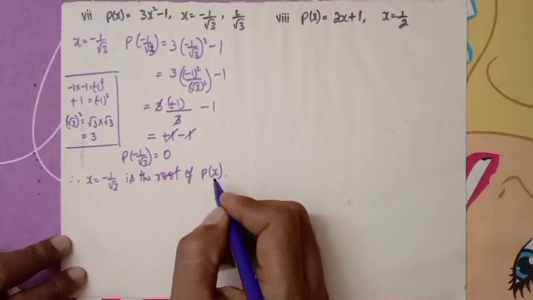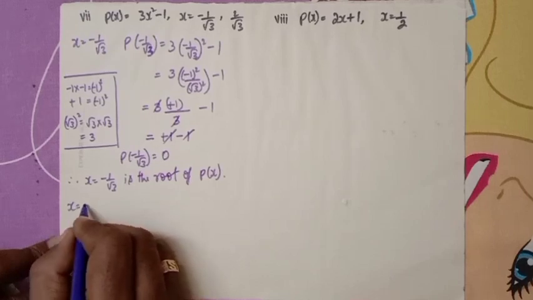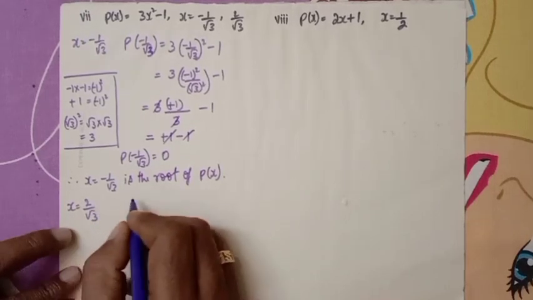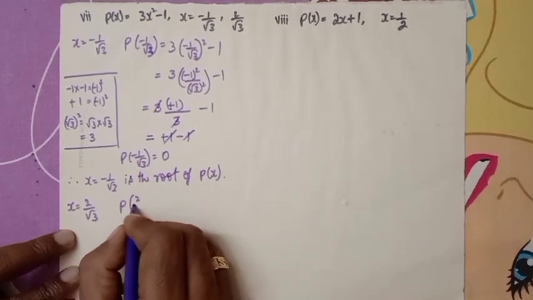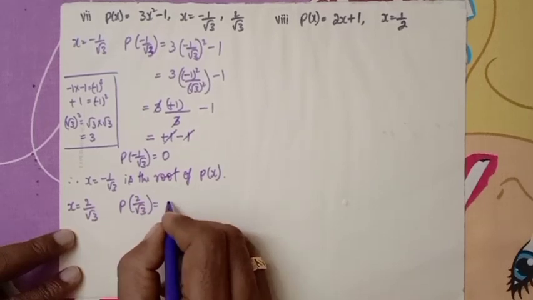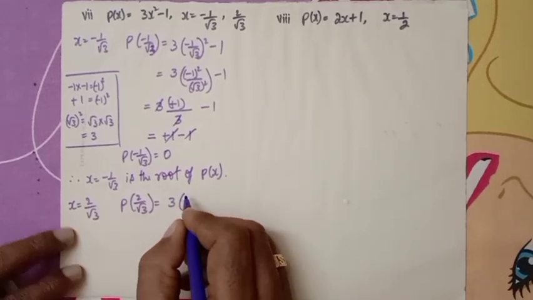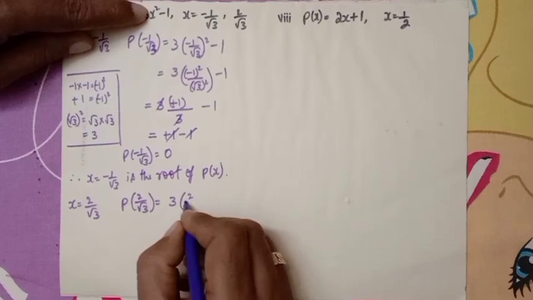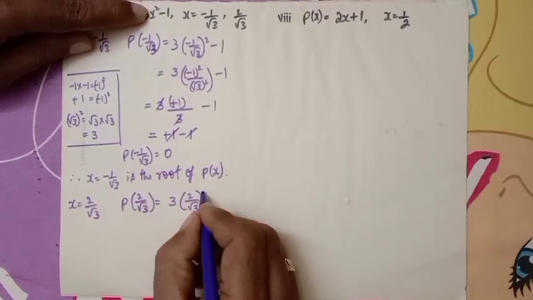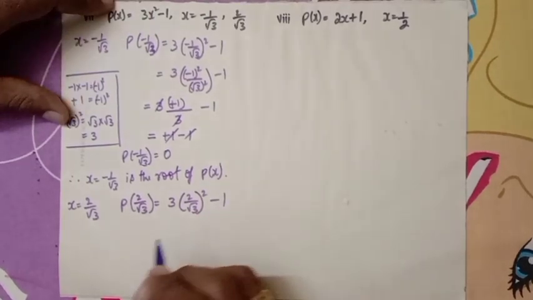Let us now consider the second case. x is equal to 2 by root 3. So p of 2 by root 3 is equal to 3 into 2 by root 3 whole square minus 1.